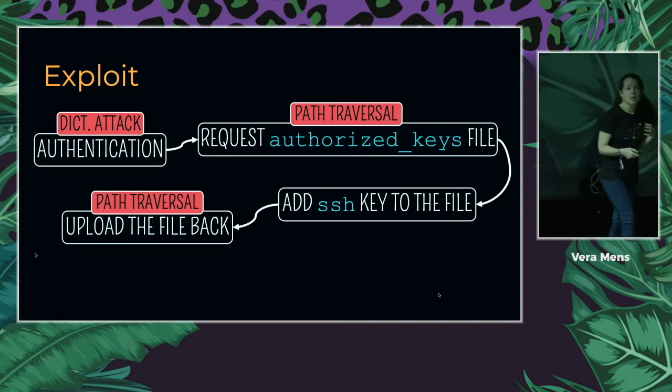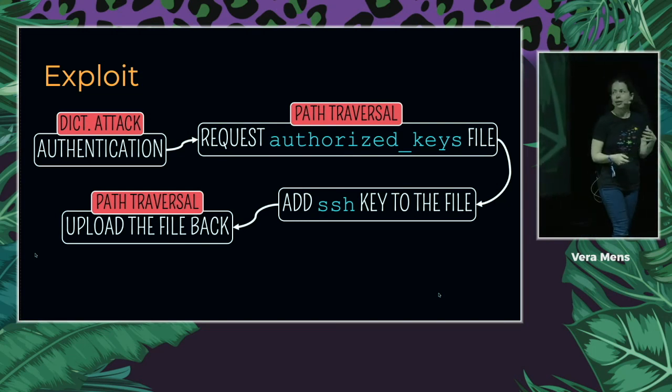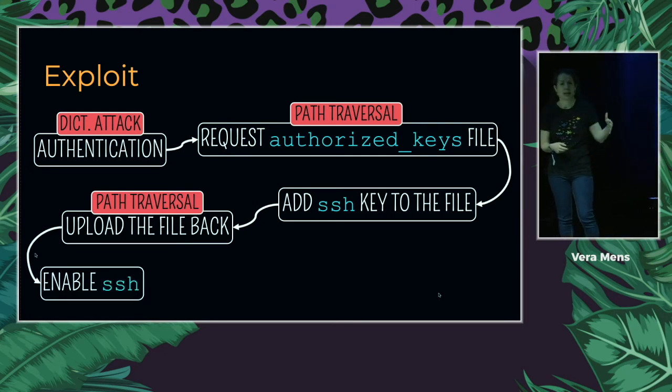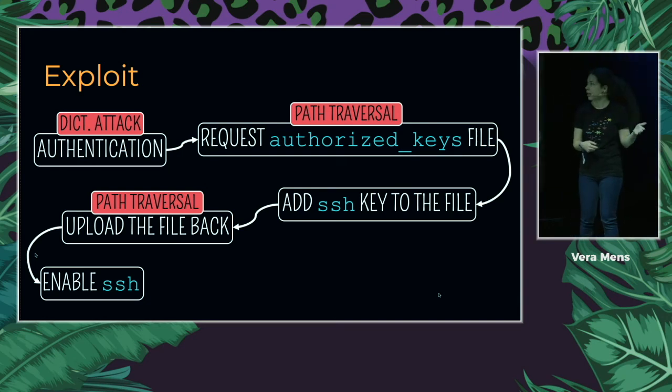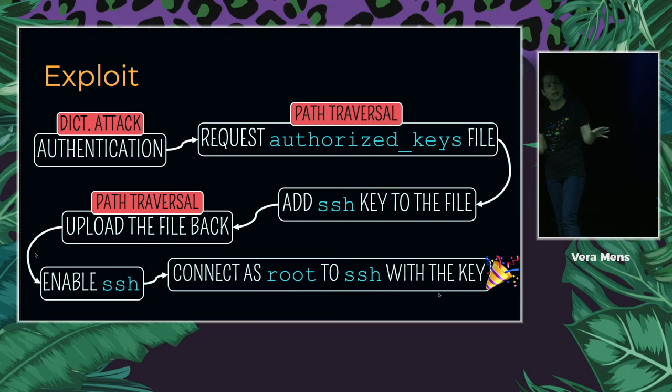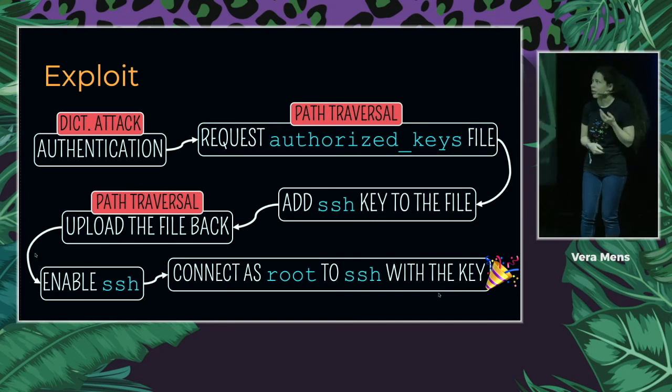We will use the same path traversal vulnerability to put the file back, and we will enable SSH just the way the client would do it. And we have the SSH connection with root, because what other user can do it, right?